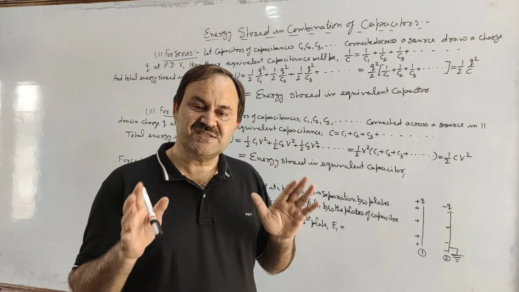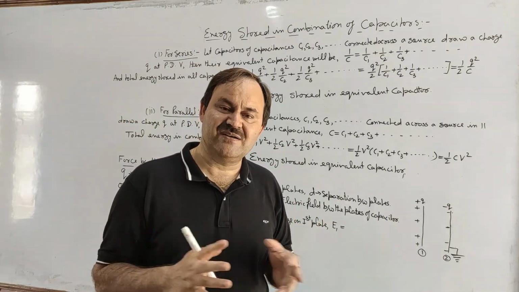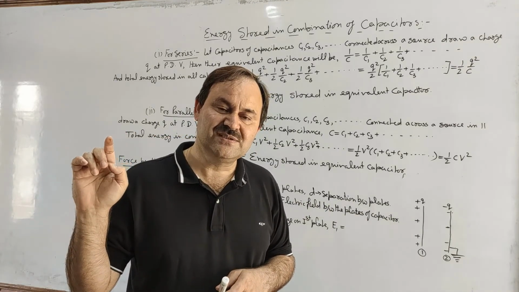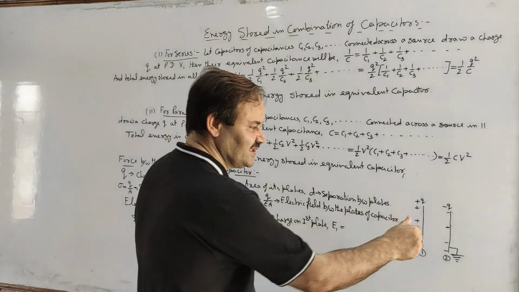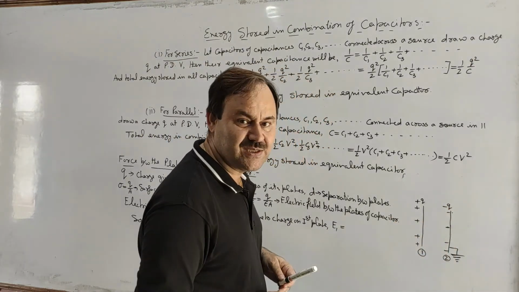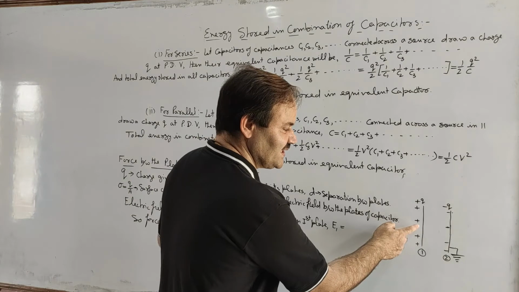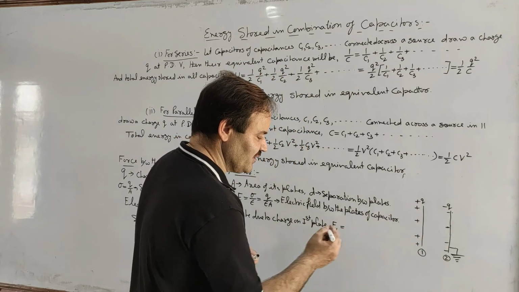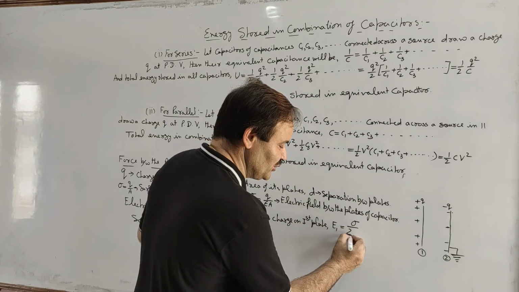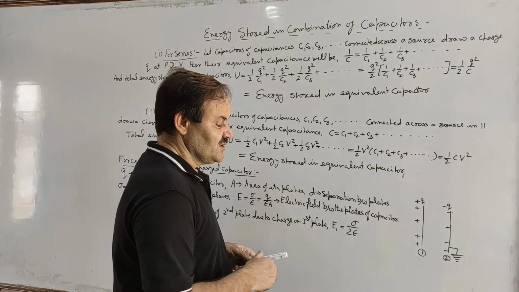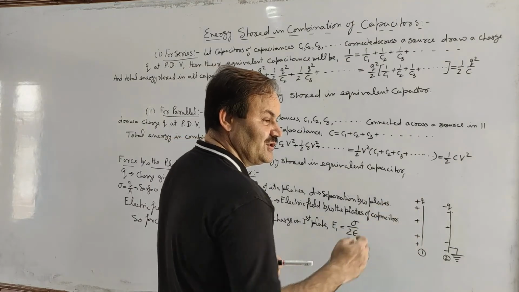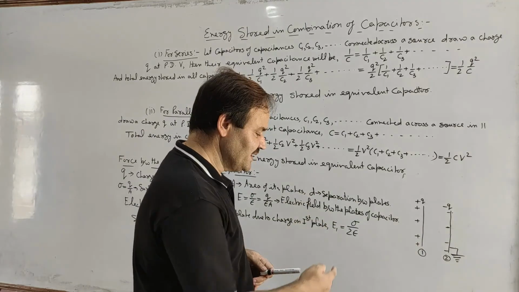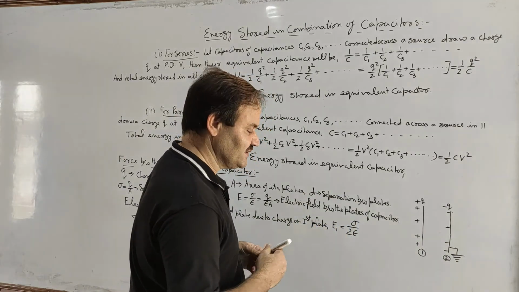Since a charge placed in electric field will always experience a force, charge into magnitude of electric field, so the electric field at the position of second plate due to the charge on first plate will be E1 equal to sigma upon 2 epsilon, because electric field due to a thin metal sheet at a point near it is sigma upon 2 epsilon.